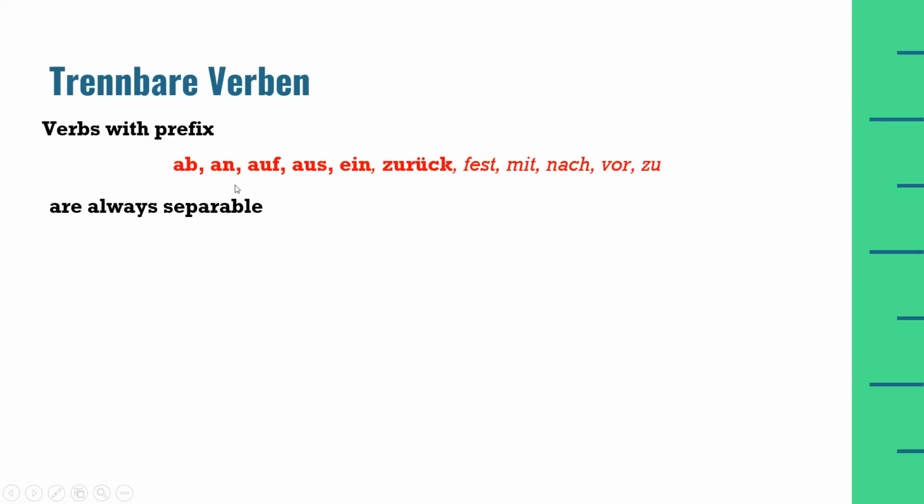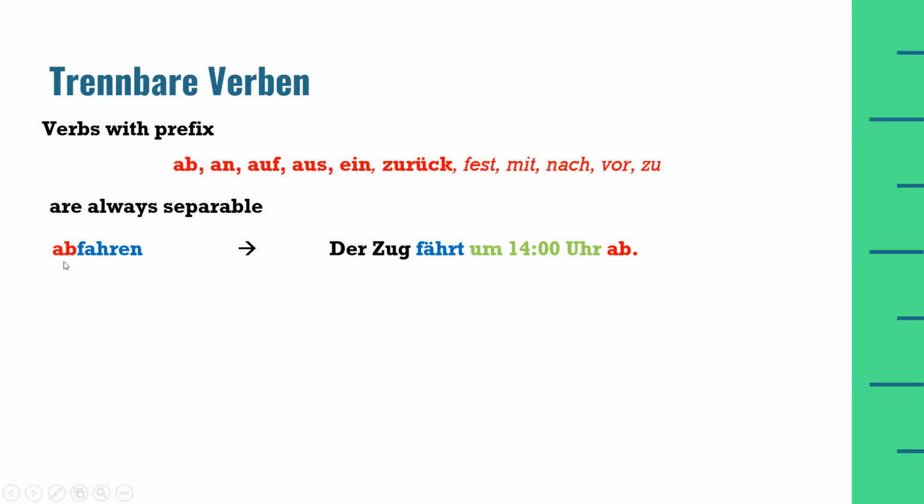Some of these prefixes are prepositions like an, auf, aus, mit, nach, vor, zu. So these are used as prefixes as well as prepositions, but the use is totally different. In this lesson, we have to use them in combination with a normal verb.